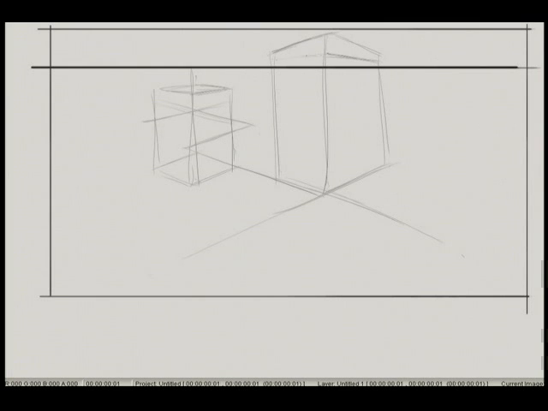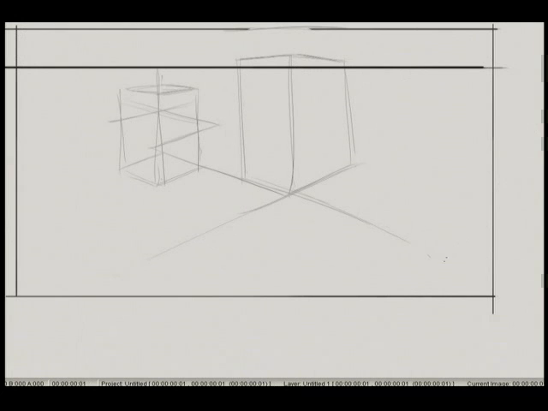I think if anything, this would probably be a little less. There. And now that I have these two buildings, these buildings can be used to further build off of.